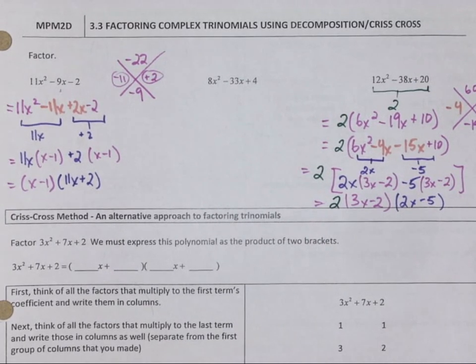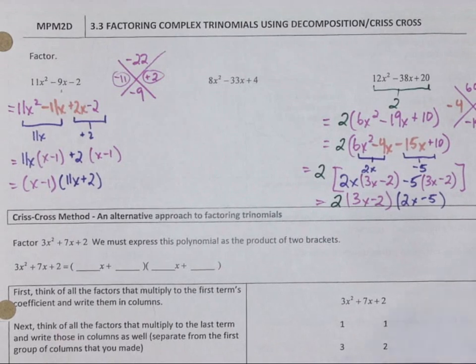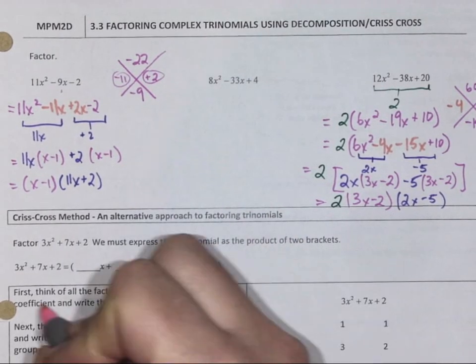The second method that we can try is called crisscross. So we need to express this trinomial, 3x squared plus 7x plus 2, into two binomials. Instead of using decomposition, we're going to use this crisscross method. So first we want to think of all the numbers that multiply to the first term's coefficient.